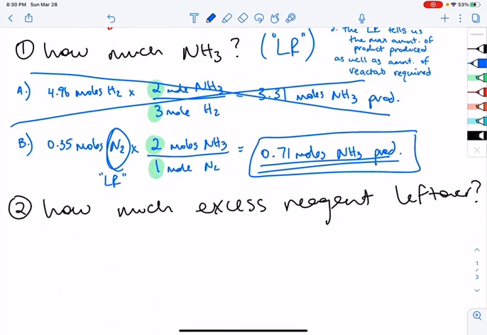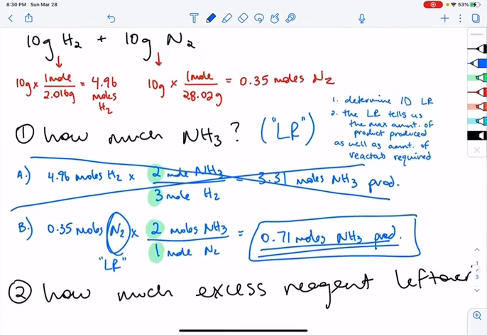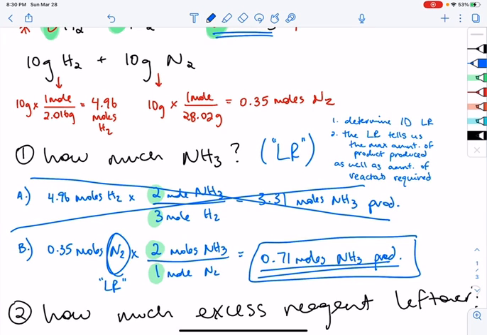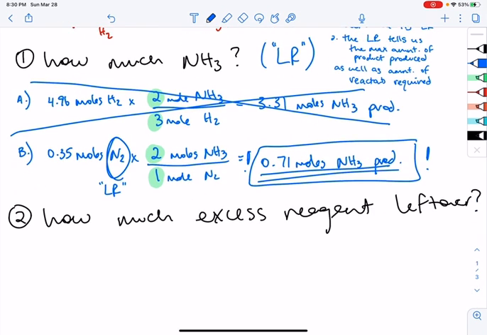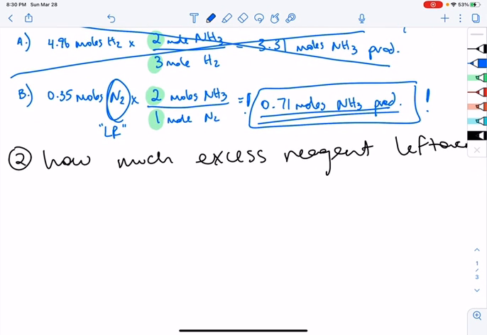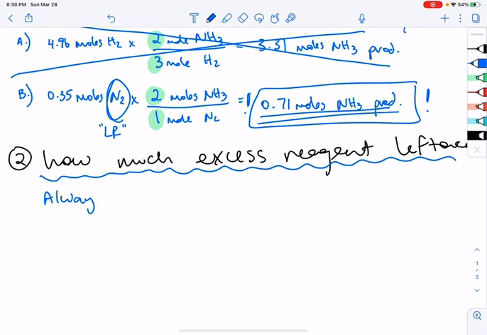Okay? The limiting reagent tells us two things. It tells us the maximum amount of product produced, and it tells us how much of the reactants actually react. So whenever you get a question like this, how much excess reagent's left over, how much of the thing that wasn't the limiting reagent is left over, you always start with the limiting reagent, right?